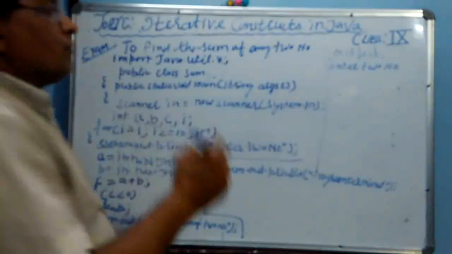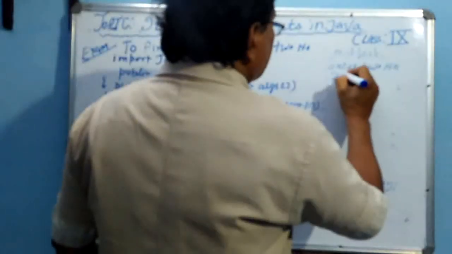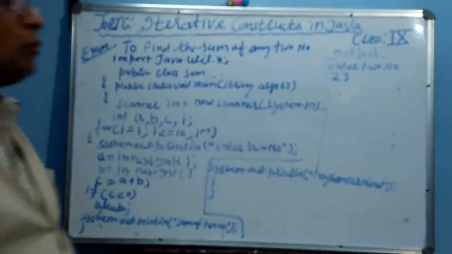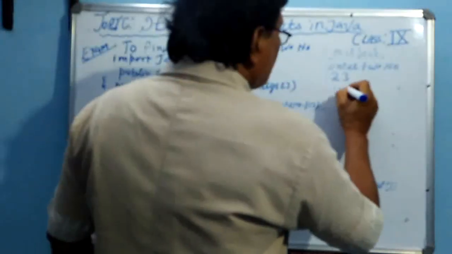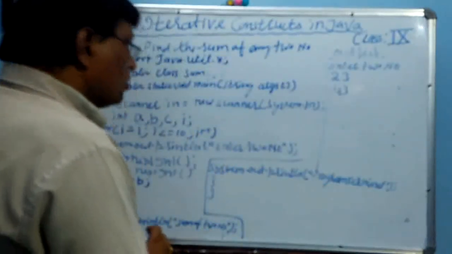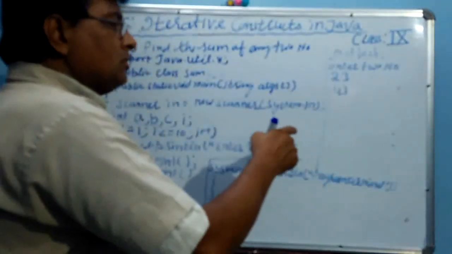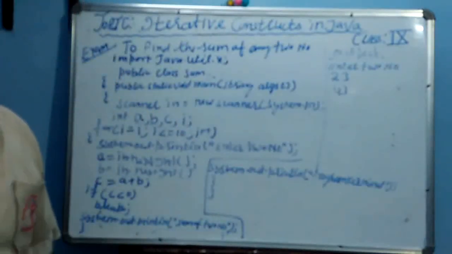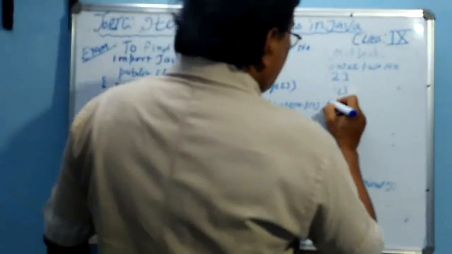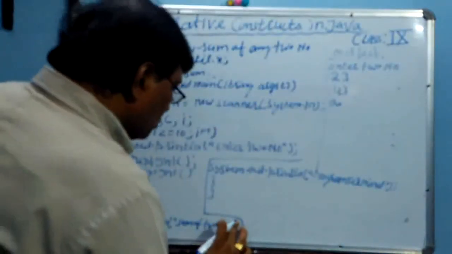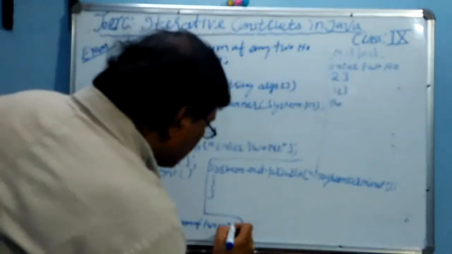Suppose you give the two numbers, the value of a is 23 and the value of b, suppose you give 43. Then it will print the message, because these are positive digits. Then it will print the sum of the two numbers plus c.